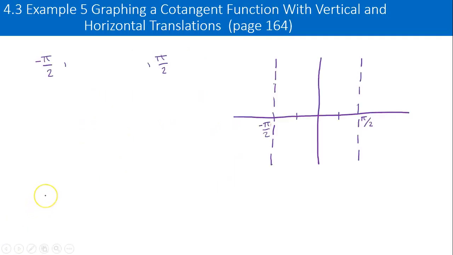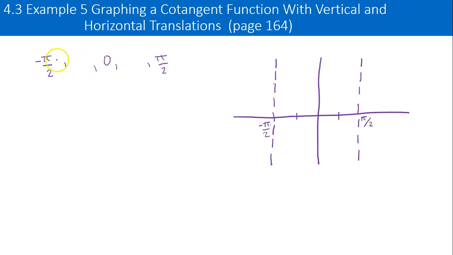All right, so to be able to plot more points on your graph after drawing in your vertical asymptotes, remember we got to split our interval between our vertical asymptotes up into fourths. So halfway between negative pi over 2 and pi over 2 is going to be 0. So we know the middle value here.